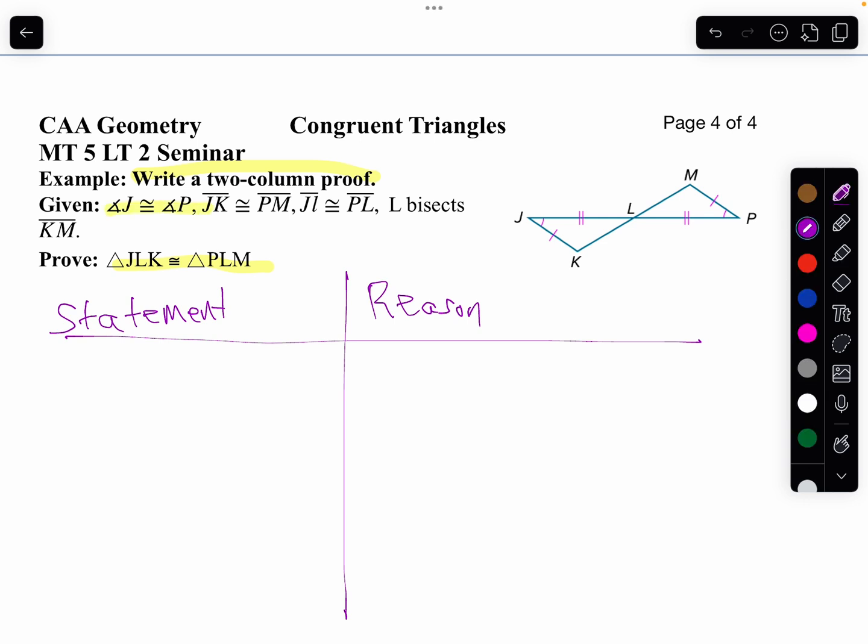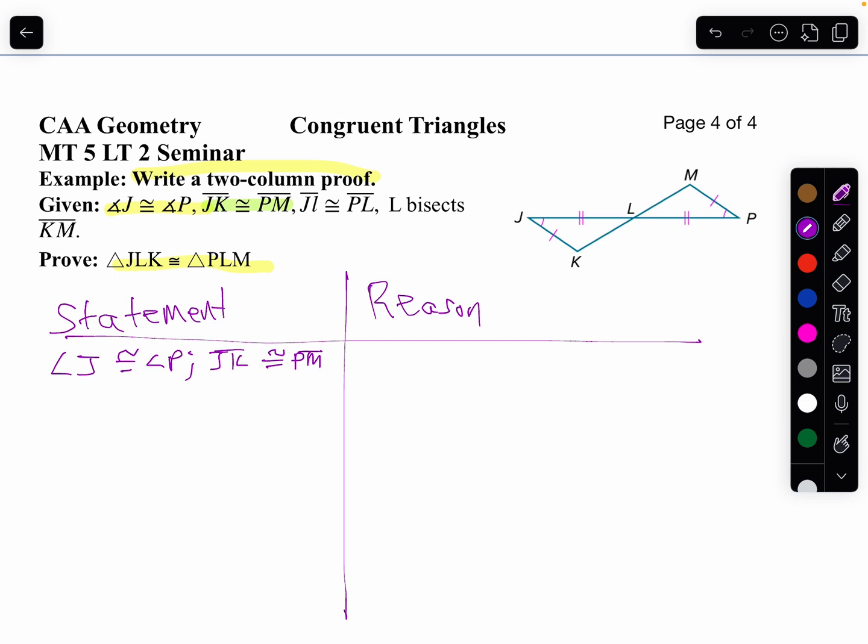Now, the nice thing is we have a bunch of givens here. So notice, I start off here, angle J is congruent to angle P. That's already marked for me, isn't it? Next, I'm told JK is congruent to PM, and that's marked for me with one tick mark.